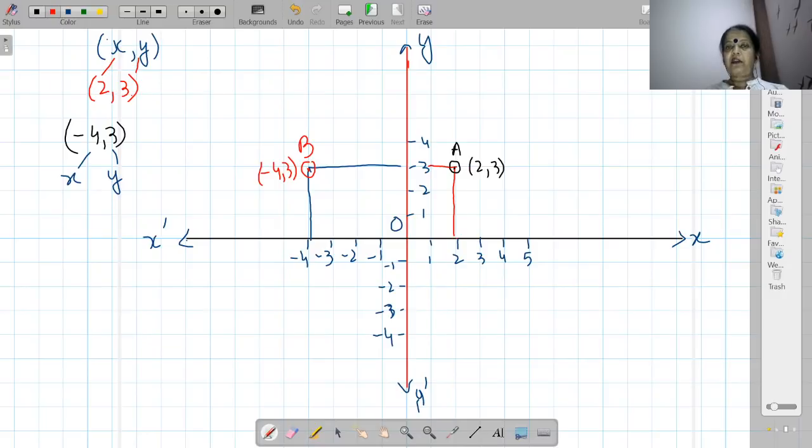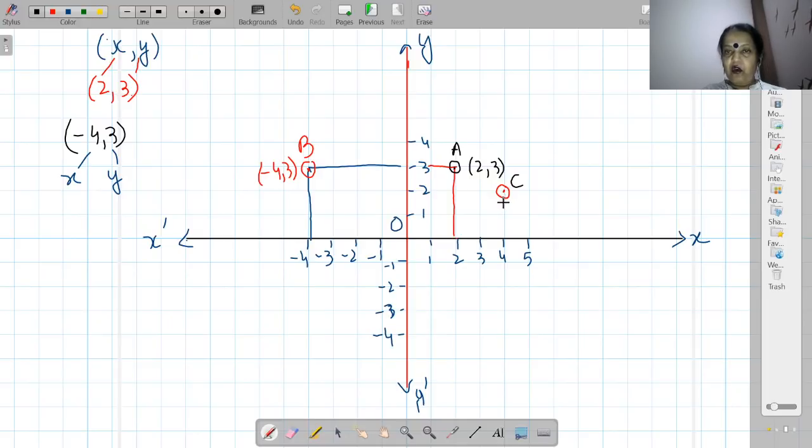Can you tell me, if I will plot one value over here, look here, this is the point. Can you tell me what are the coordinates of this point C? Look in the graph.